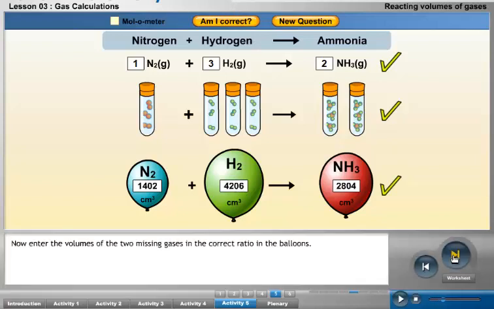Now, enter the volumes of the two missing gases in the correct ratio in the balloons. Click Am I correct to check your answer.